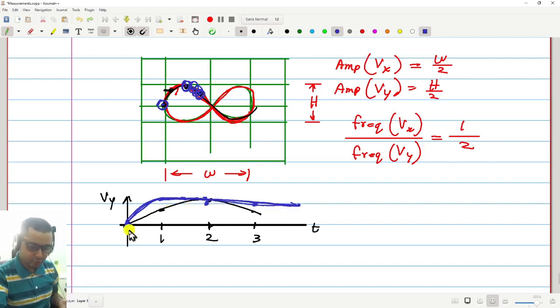If the previous one, the black one, is sinusoidal, then the blue one is not sinusoidal. What's the difference between the black and blue? Their trace graph is the same, but at each and every time instant, the beam is not at the same point. So do you follow that?